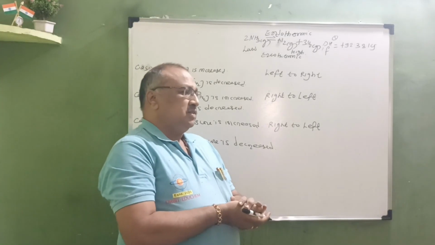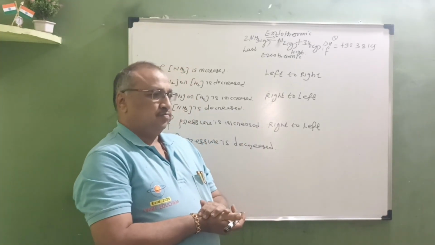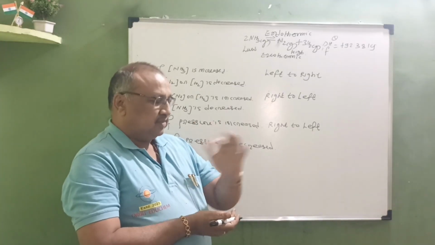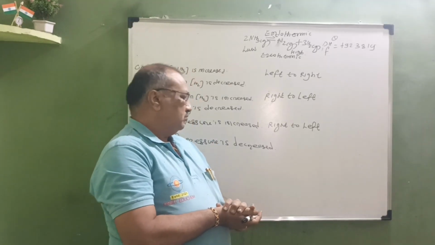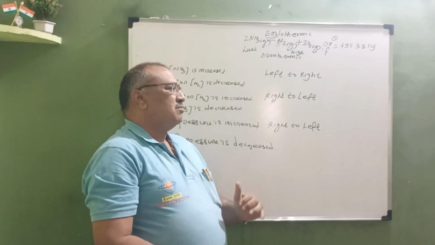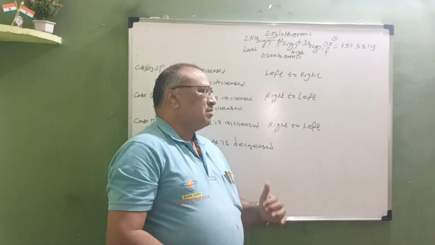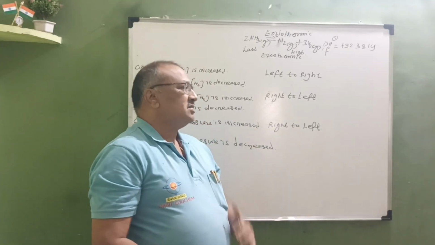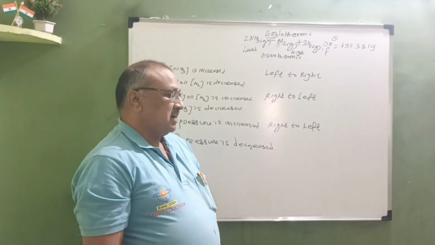Volume is increased means number of moles of gaseous system per unit volume is decreases. That means here equilibrium of the reaction will shift in the direction in which number of moles of gaseous system increases. That means here from left to right.